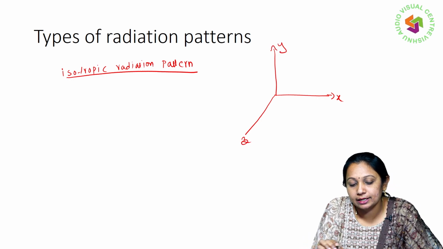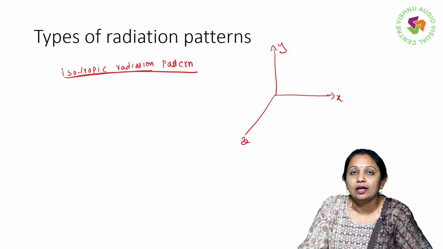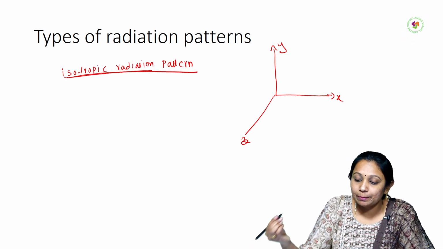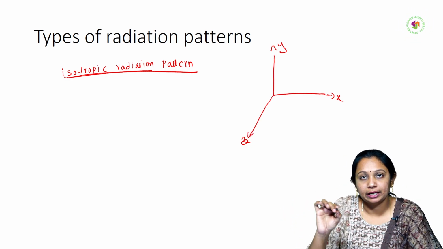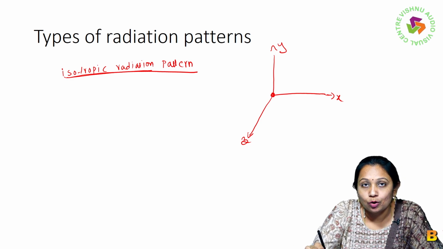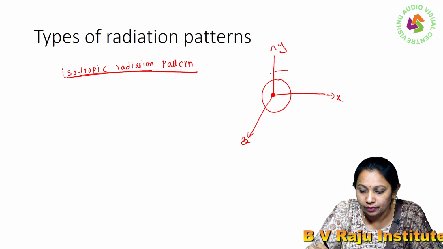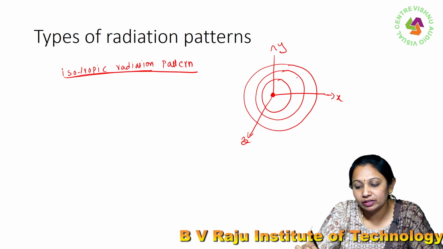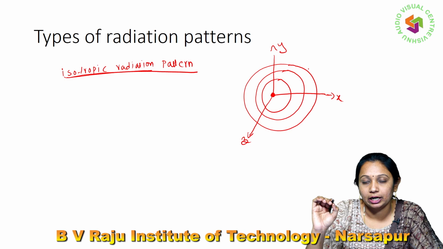An isotropic radiator is a reference antenna that radiates equally in all directions. For example, consider this isotropic radiator as a point source. If it is placed at the origin of this coordinate system, it will radiate equally in all directions. So the radiation pattern of an isotropic antenna is nothing but a sphere. This is called the isotropic radiation pattern.